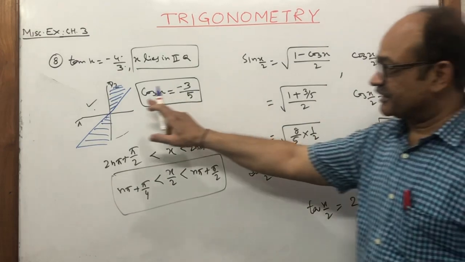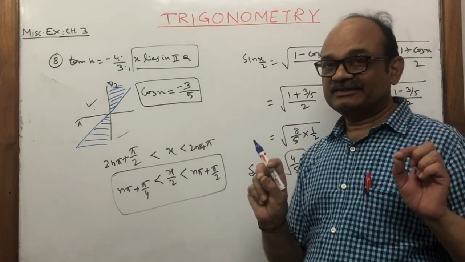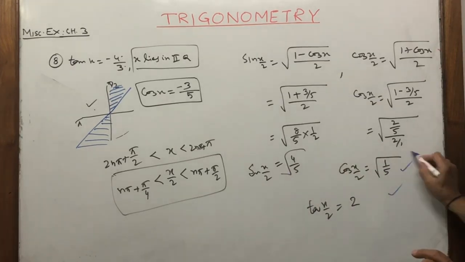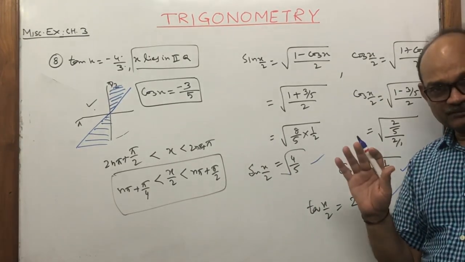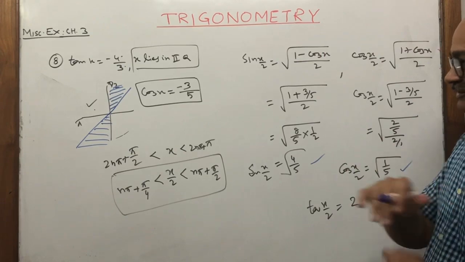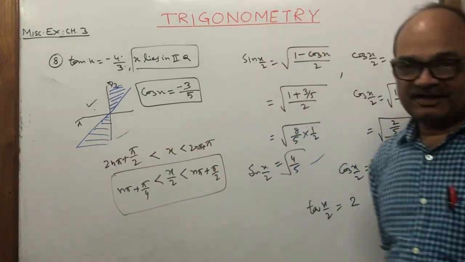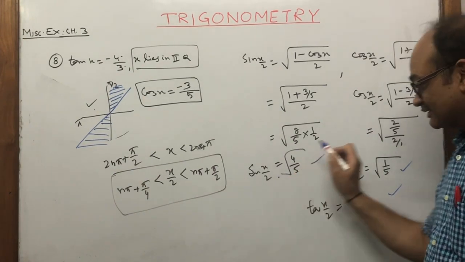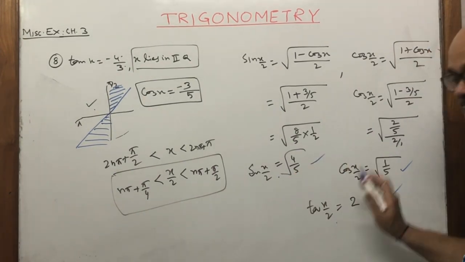If it is in the first case, when n is even, then all are positive, so these three answers are correct. True? But when n is odd, then it is in quadrant number 3. And in quadrant number 3, this will become minus, this will become minus, and this will become plus.